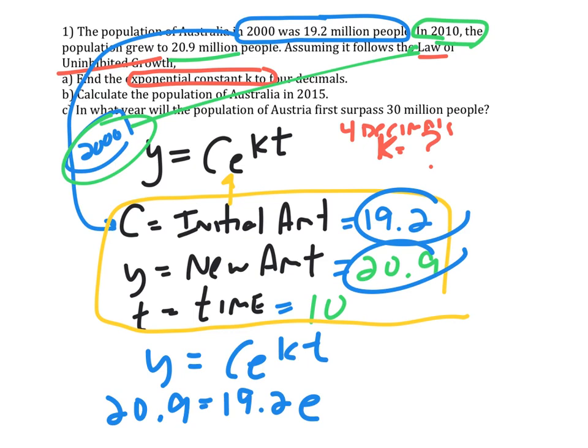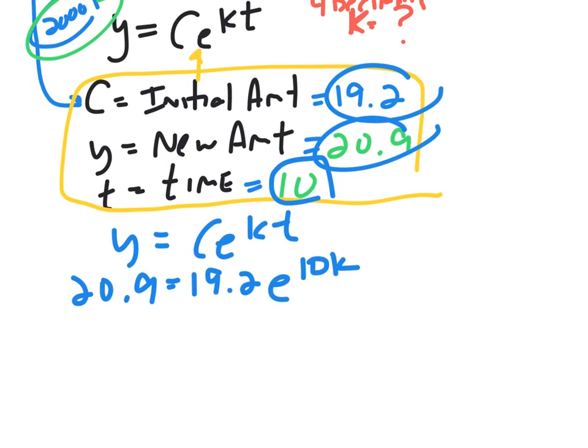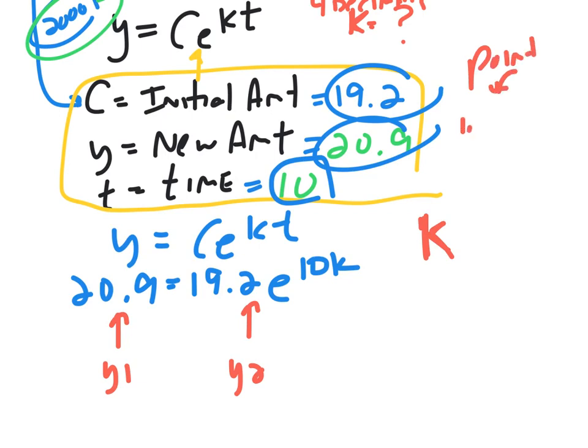In this case, t is 10, so 10k power. I'm going to solve this equation for k graphically. I'm going to set the left-hand side of the equation to y1, the right-hand side into y2, and find the point of intersection.